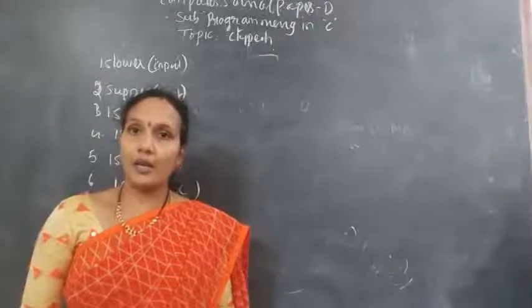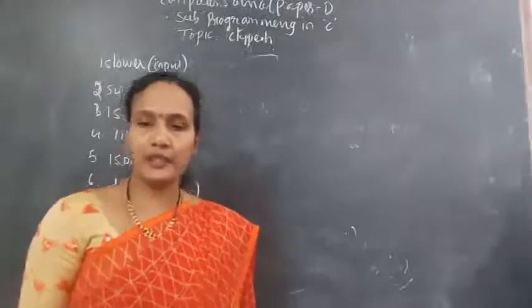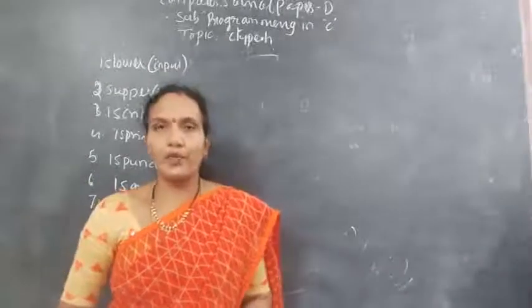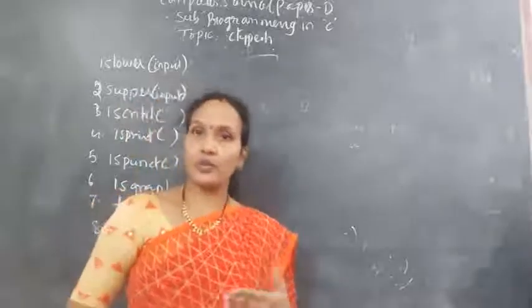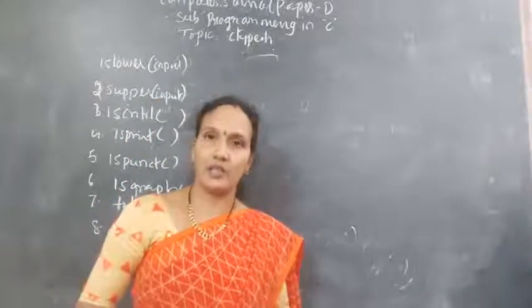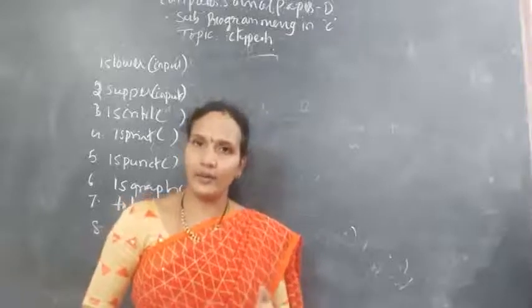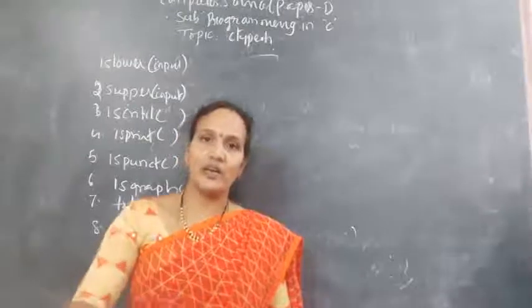So this is about the ctype.h header file. This header file contains functions which are used to test characters: all the punctuation marks, all the lowercase and uppercase letters. This header file contains functions which work on characters only.